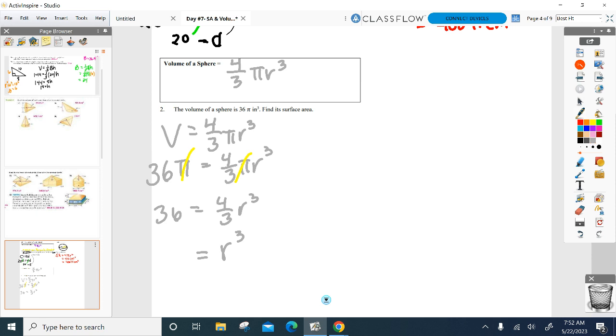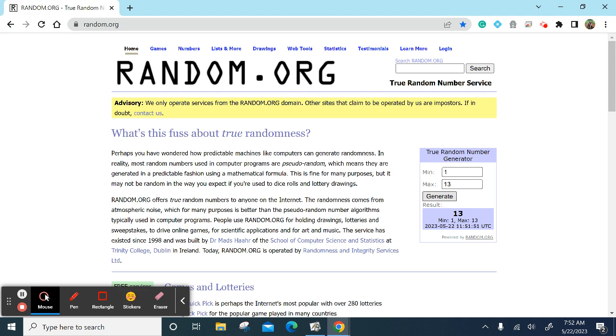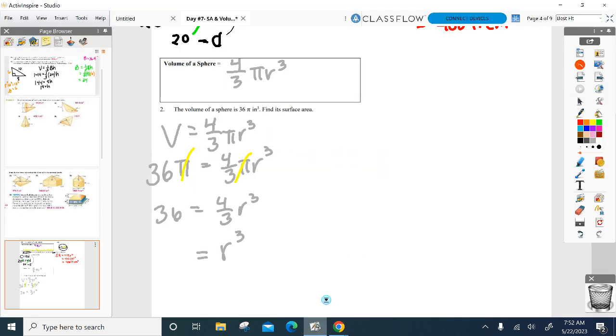Either way, what do you have r cubed equal to? 27. Good. We have talked about this now in this unit. It's not squared, so I don't want to take the square root. It's cubed, so I take the cube root, located on your math button on your left-hand side. If you want to take the cube root, hit your math button.